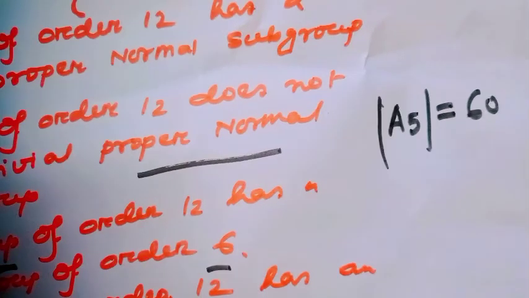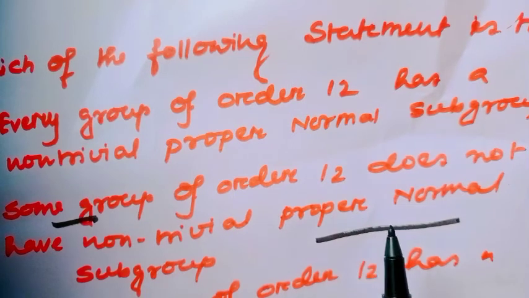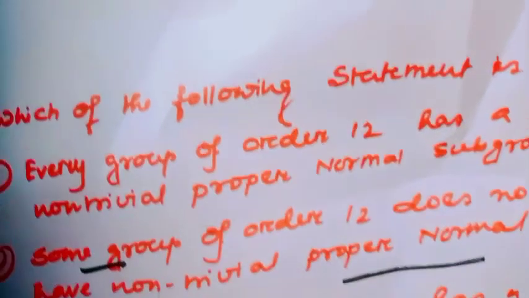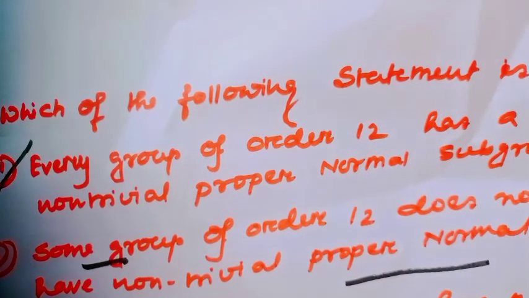We all of us know the definition of a simple group. If a group is simple, then there exists no non-trivial proper normal subgroup. And since here it indicates order 12, there always exists a non-trivial proper normal subgroup. So option 1 is a right option and option 2 is a wrong option.